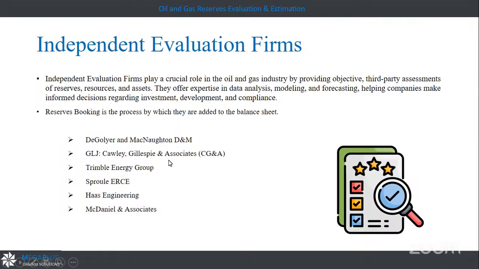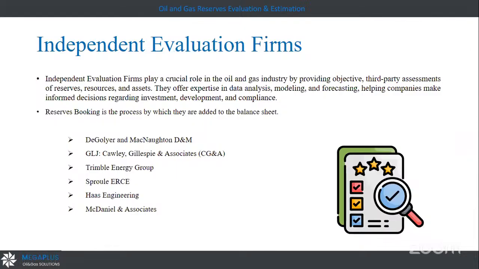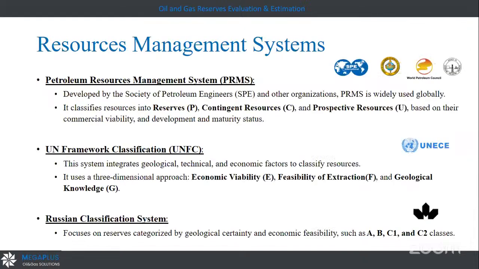Examples of companies that work as independent evaluation firms are D&M, CG&A, and M&A. All of these companies work as independent evaluation firms. The second thing is the resource management system. It's about the constitution or the guideline.